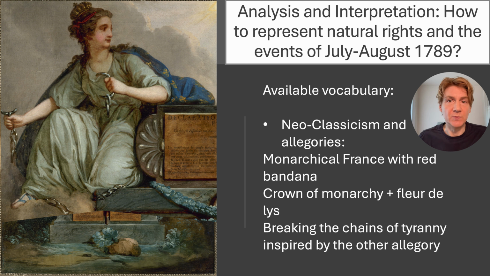This absolute monarchical France with a monarchical crown and a popular bandana on her head is symbolically breaking chains, symbolizing tyranny or the absence of liberty, in other words. She's looking at the other allegory as if inspired by her to break the chains.